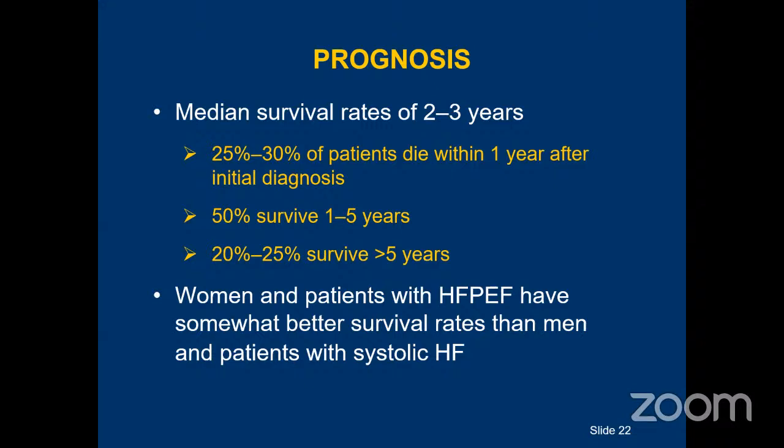Women and patients with heart failure with preserved ejection fraction have somewhat better survival rates than men with systolic heart failure. Other factors that adversely affect the prognosis include more severe symptoms like higher NYHA functional class, lower systolic blood pressure, or presence of other underlying coronary artery disease. And especially in women, diabetes also plays an important role.